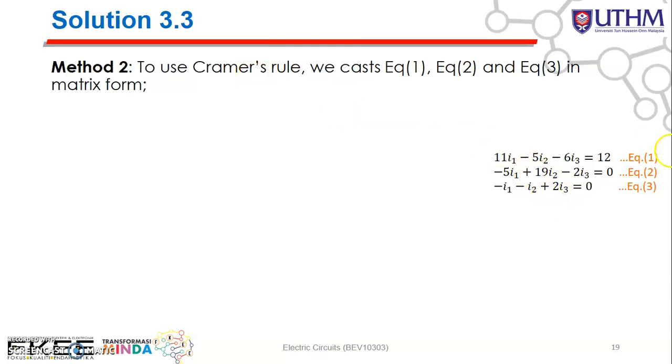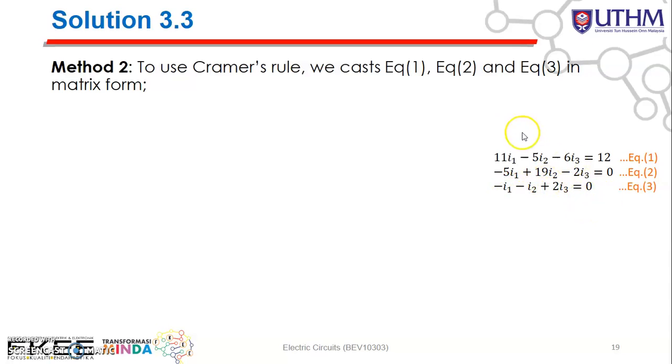Basically, based on the previous slide, these are the three equations that you get. The first equation is given by 11I1 minus 5I2 minus 6I3 equal to 12. The second equation is given by minus 5I1 plus 19I2 minus 2I3 equal to 0. And the third equation is given by minus I1 minus I2 plus 2I3 equal to 0.